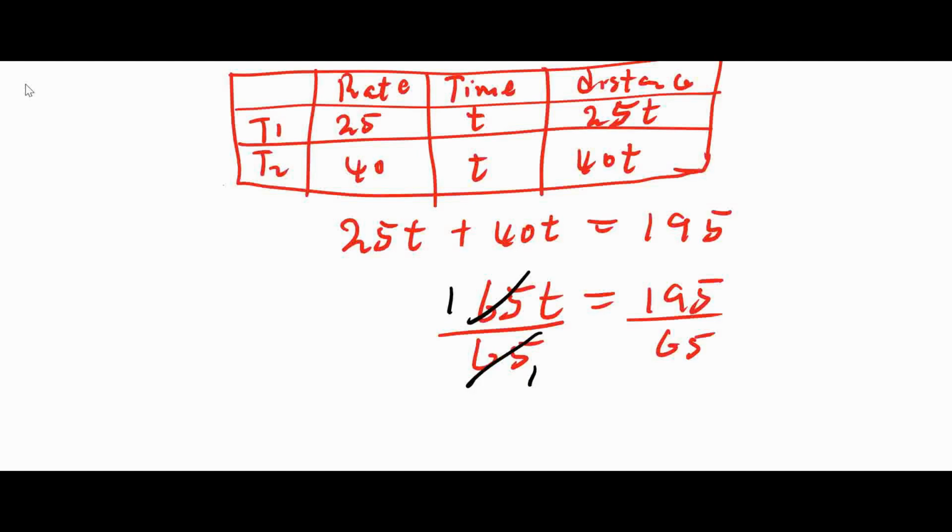And if we divide 65 by 5, it gives us 13, and we divide 195 by 5, which gives us 39, and 13 into 13 is 1, and 13 into 39 is 3.